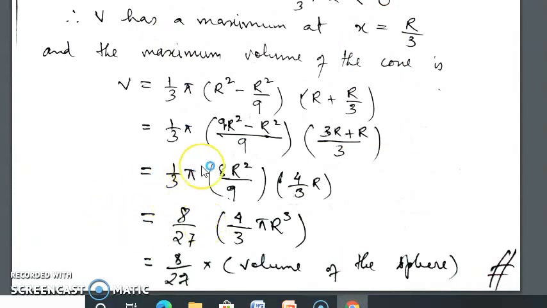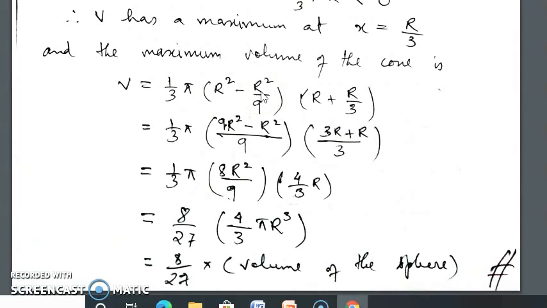So now v is equal to 1 by 3 pi. In place of x, what do I have to put? r by 3. So in the beginning we have the function v. All x should be replaced by r by 3.